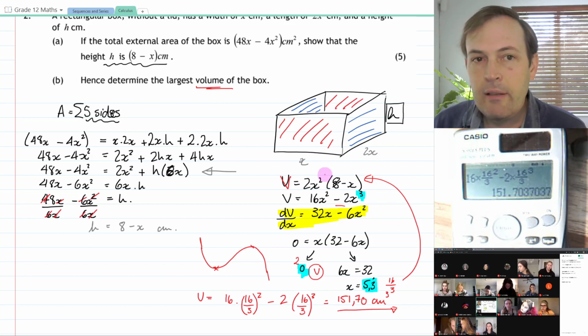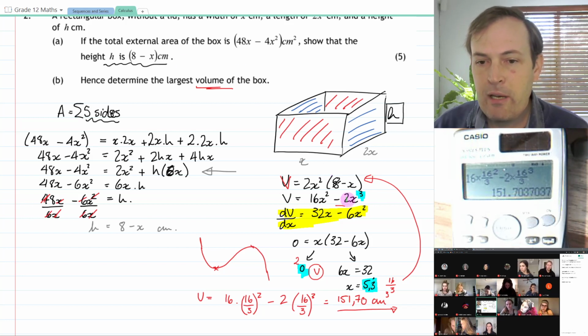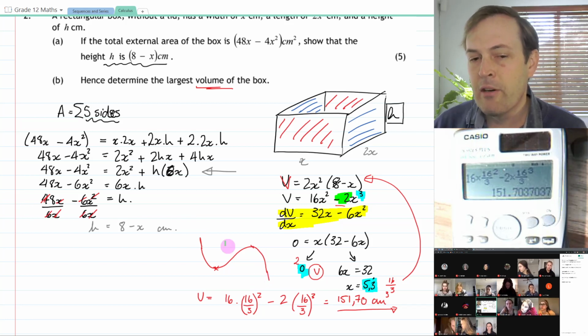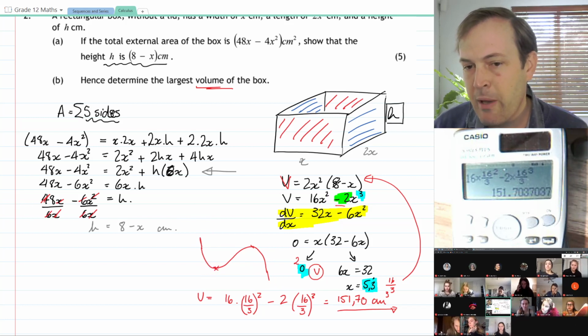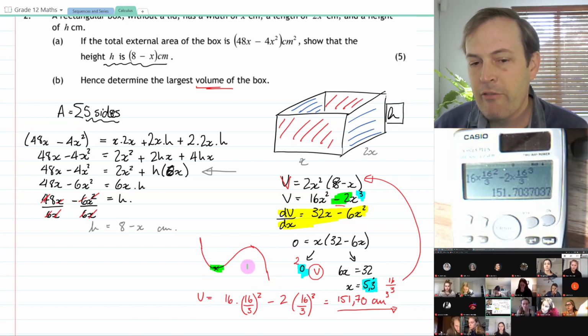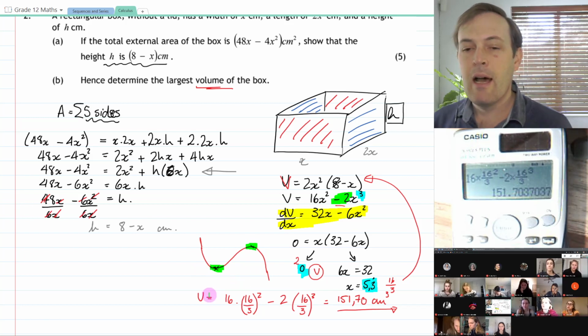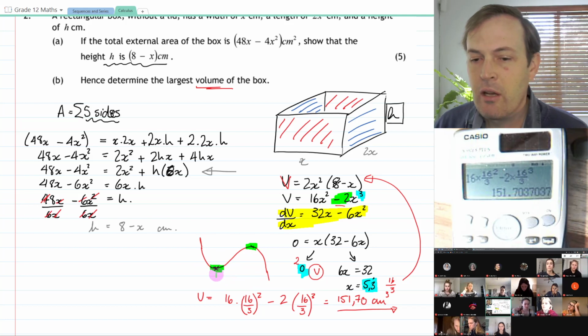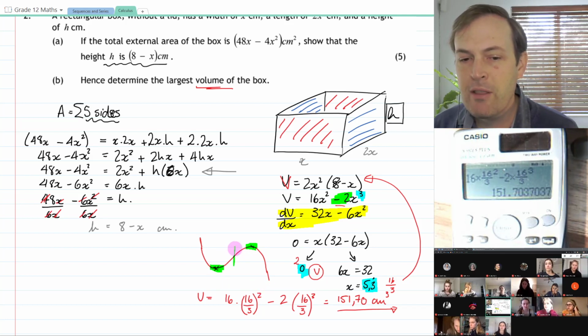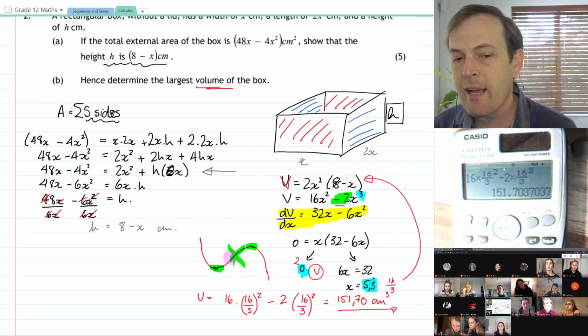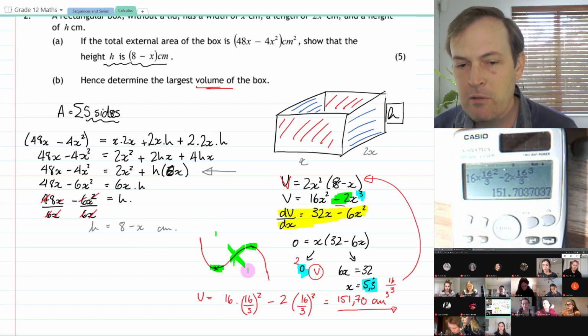Again, in this example, if we look at the coefficient of x cubed, we can get a general idea of the shape of that cubic graph and realize that because we have a negative, the one on the left is going to be a minimum and the one on the right is going to be a maximum. If you were in any doubt, you could work out the gradient between the two, and that would tell you if it's positive or negative, and whether you're going from a minimum to a maximum or from a maximum to a minimum.